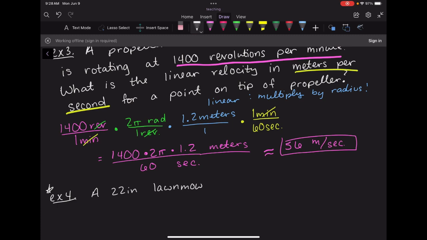lawnmower blade rotates at 2,500 revolutions per minute. Sometimes they'll write that as just RPM.